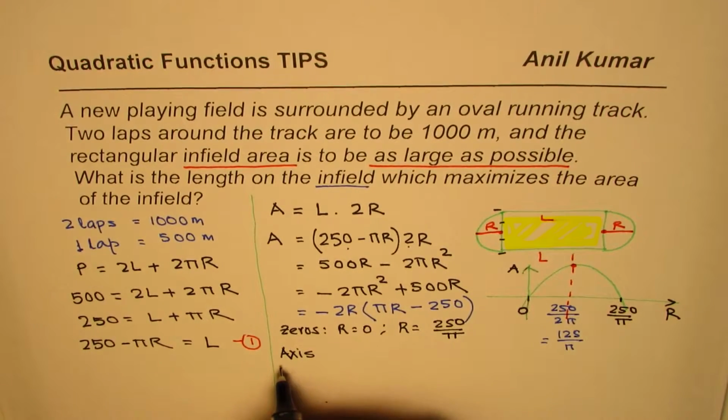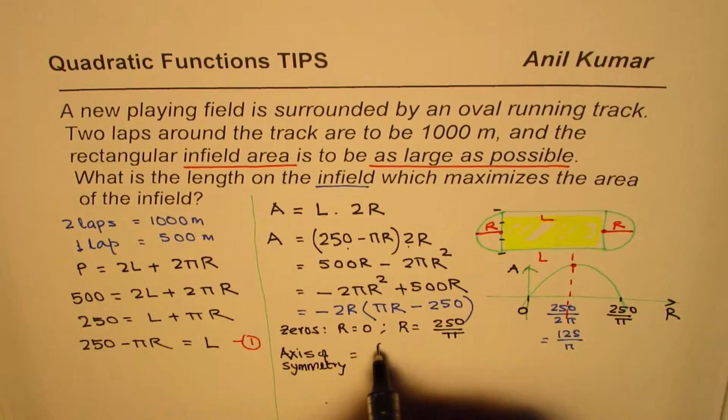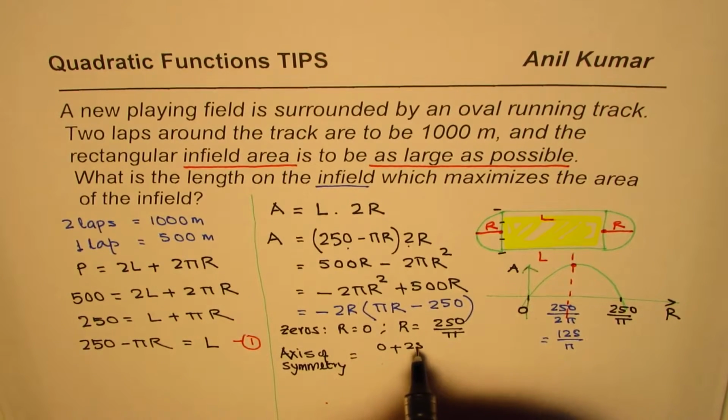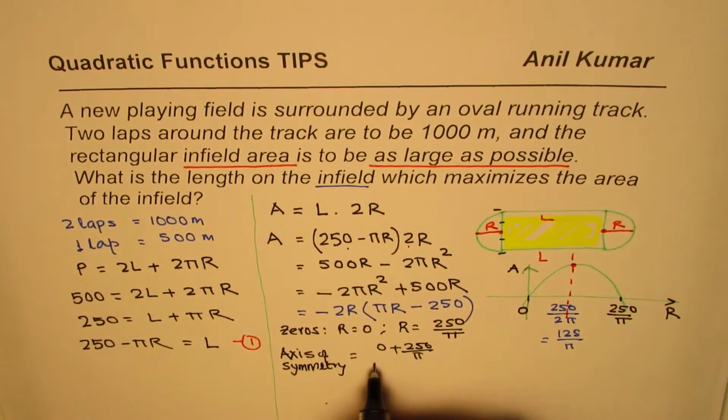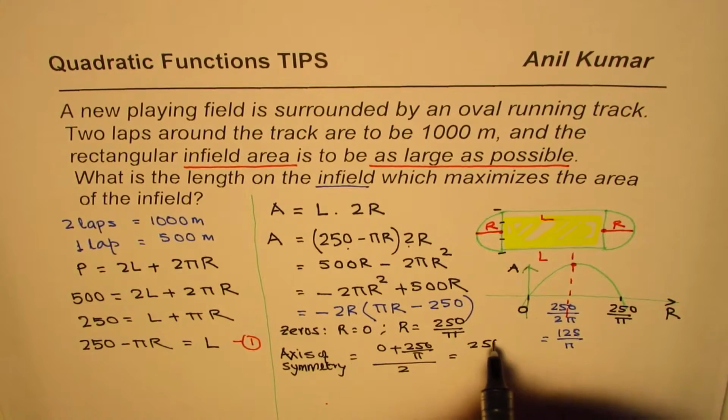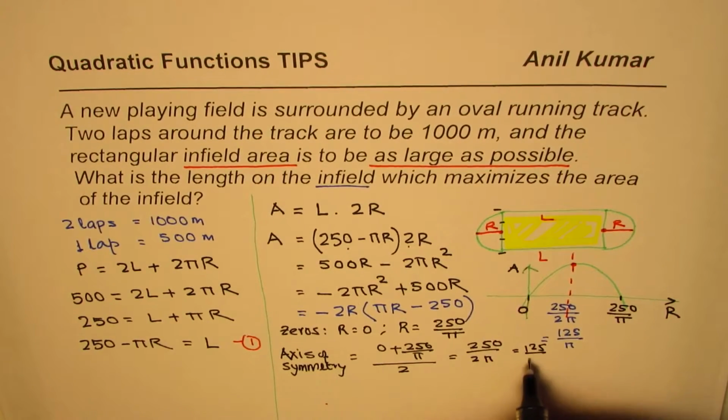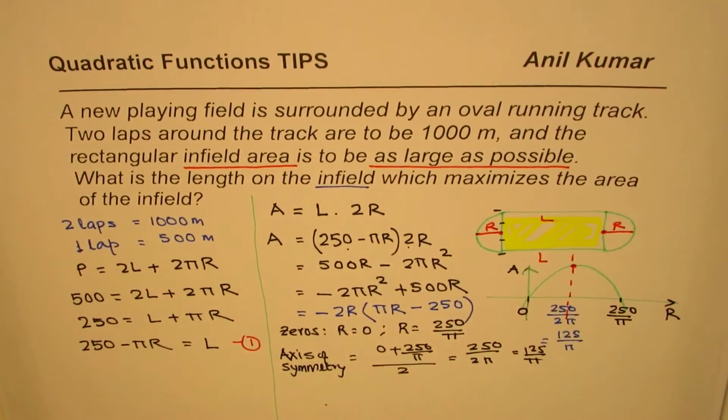The axis of symmetry will be midway. That means 0 plus 250 divided by pi, everything divided by 2, and that gave us 250 divided by 2 pi, or 125 over pi. So we got r, right?